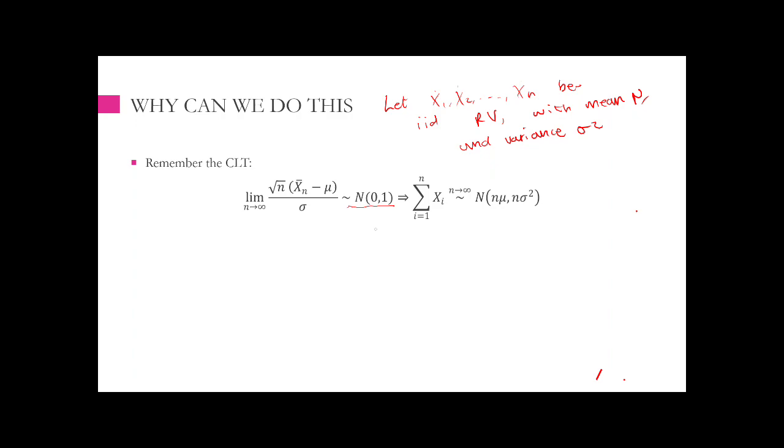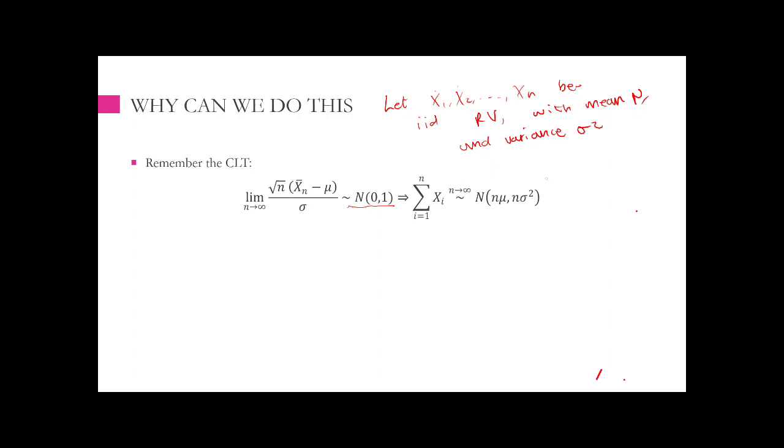And we showed in the previous video on the CLT that this is equivalent to saying, if I sum up all of these x random variables as my n gets larger and larger, I'm not saying the limit here, because if you take a limit, then you'll have infinity times mu and infinity times sigma squared, and that doesn't really make sense.